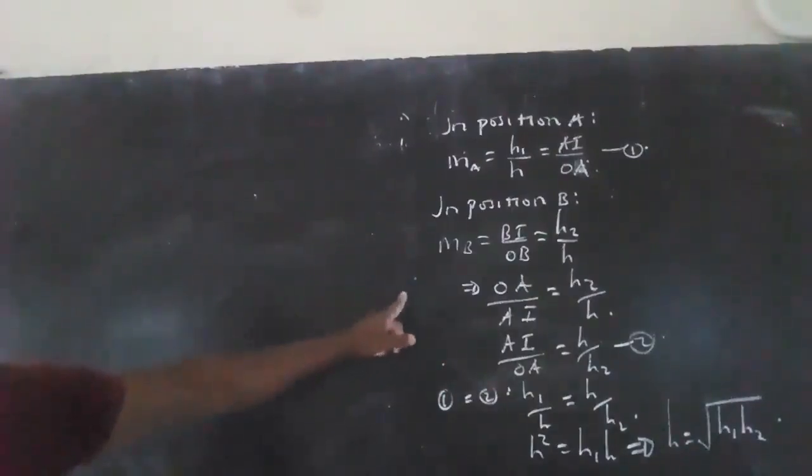Then we shall move on and we look at this method of measuring H, which is most useful when the object is inaccessible.